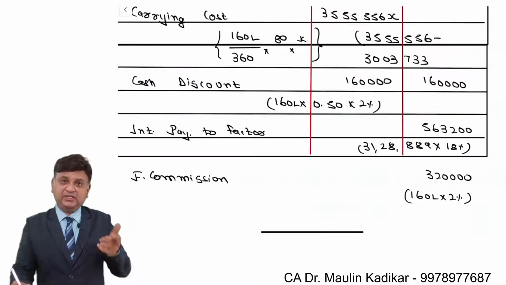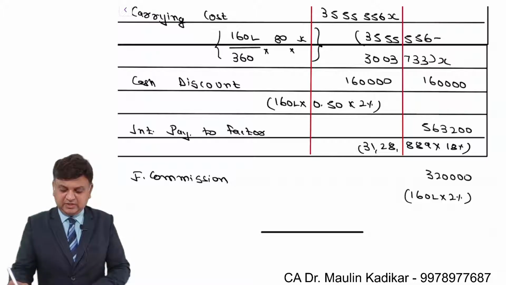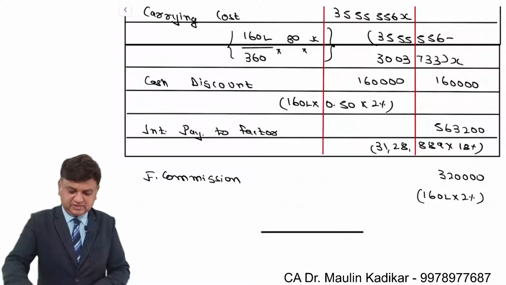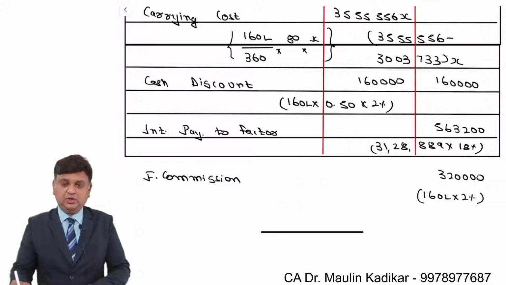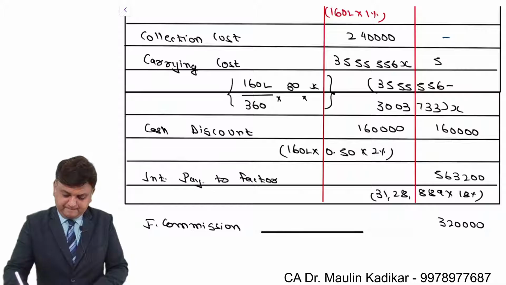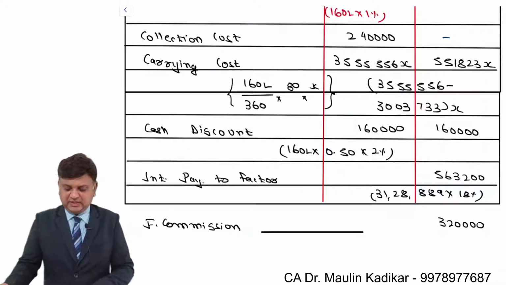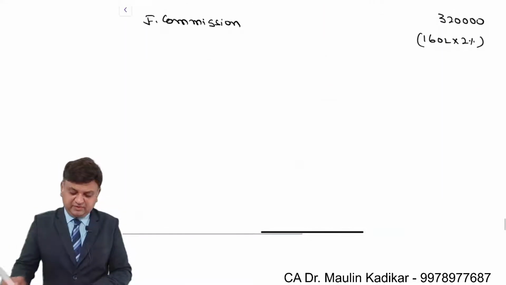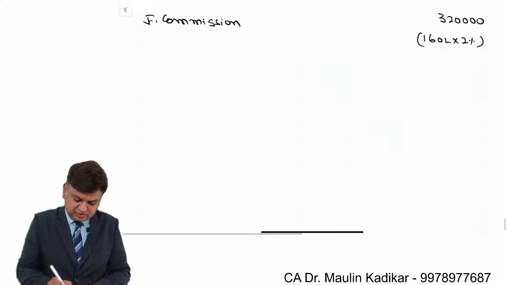So difference of that, say you invest with your own funds, which has a cost of X, 35 lakh 55,556 minus 30 lakh 3,733. So it comes to 5,51,823 into X. That is the carrying cost of the own funds. This is the way we will make the computation of the total cost.